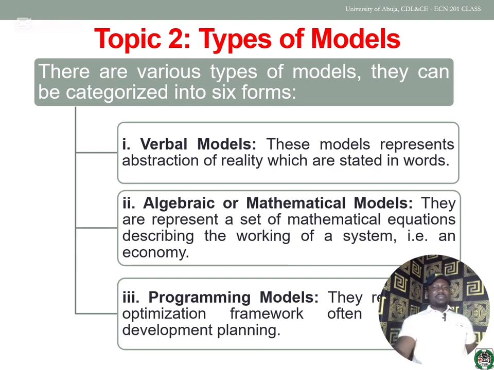The linear programming model is used by economists for what we call optimization, particularly firms. To optimize is to get the best out of your resources or your input in your business. So you try to know what is the best mix of, for instance, capital and labor to give you the best output with the minimal cost.